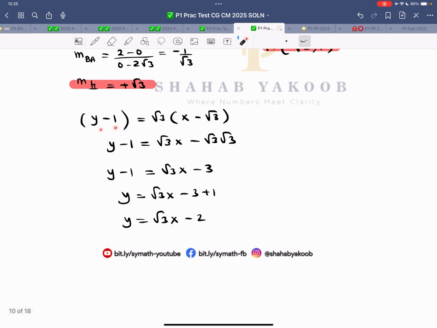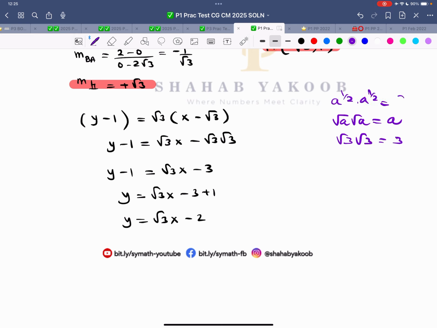Y minus y1 is equal to m times x minus x1. Simplify. Root 3, root 3. This is very important. Root A equals A to the power half. Root 3 equals 3 to the power half. A power half into A power half, that is A to the power half plus half, which comes out to be A power 1. So that is the logic over here.